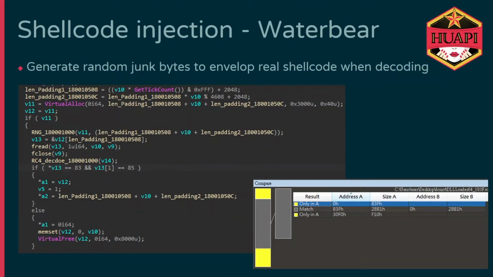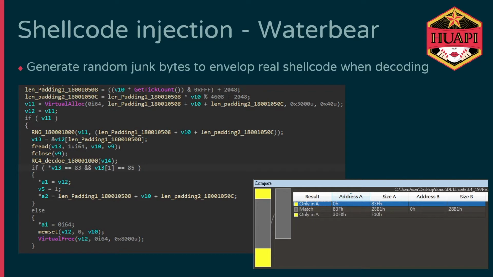Next, we are introducing some novel shellcode-related techniques abused by Waterbear. It's an infamous RAT used by a Chinese APT group. Their first technique is to wrap their shellcode in some randomly generated data to thwart static shellcode analysis.